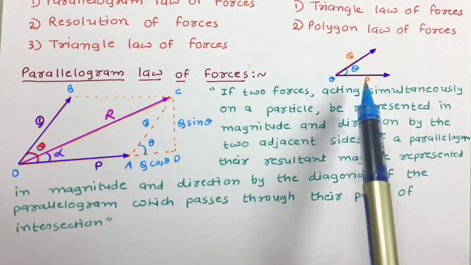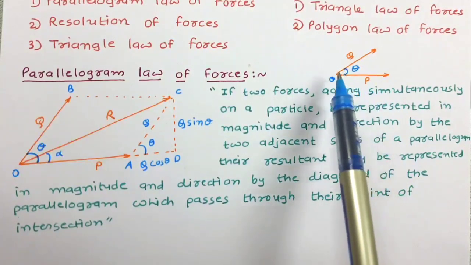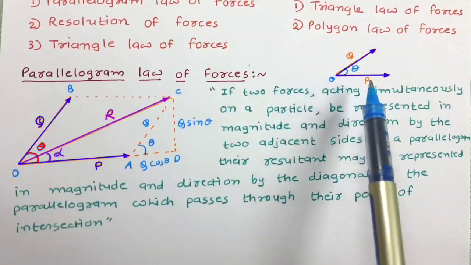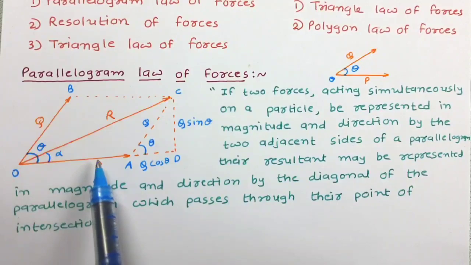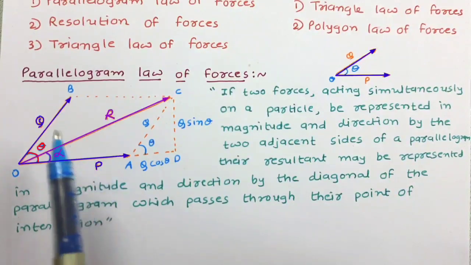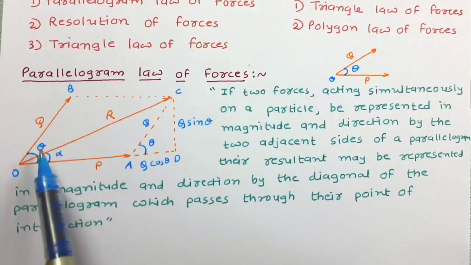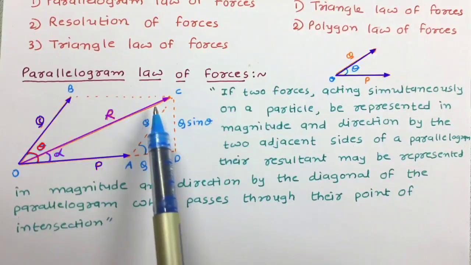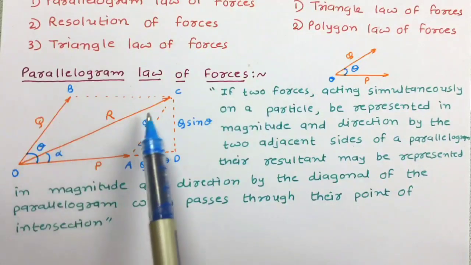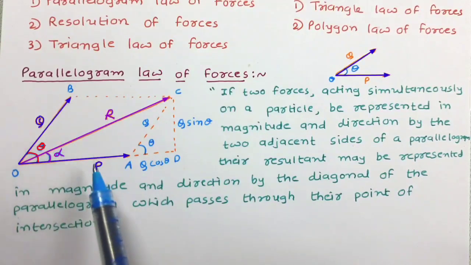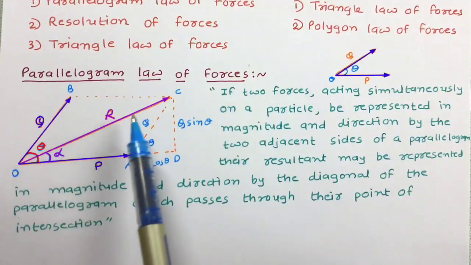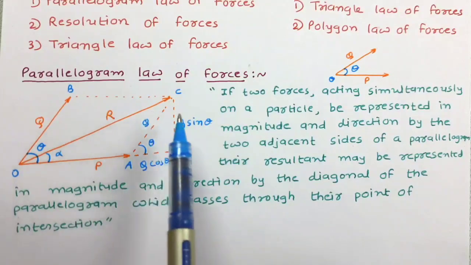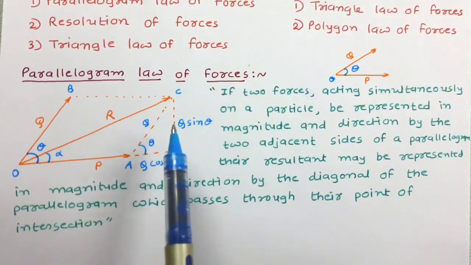So in this method, two forces which are acting simultaneously on a particle are to be represented as two adjacent sides of a parallelogram with their magnitude and direction, and the resultant can be determined by the diagonal passing through the intersection of these two sides of the parallelogram with their magnitude and direction. So this is the parallelogram law of forces.